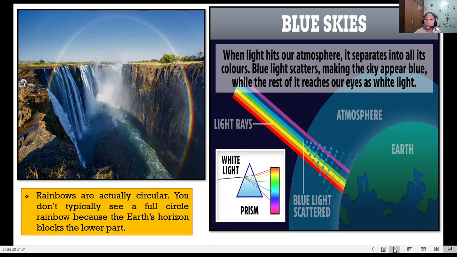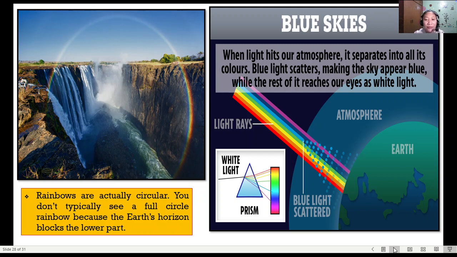So, doon naman sa blue sky, ito yung explanation niya. When light hits our atmosphere, it separates into all its colors. So, from white, magiging 7 bands of colors. Blue light scatters. Ayan, nakikita nyo na nag-i-scatter yung blue light, making the sky appear blue.